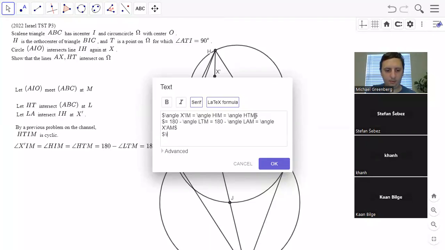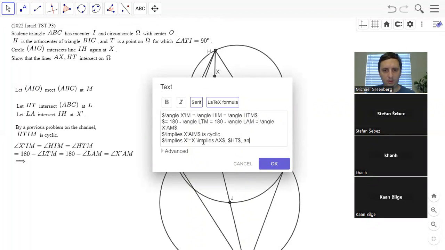And that means that X prime AIM is cyclic. And that implies X prime equals X, which implies AX and HT intersect on omega.